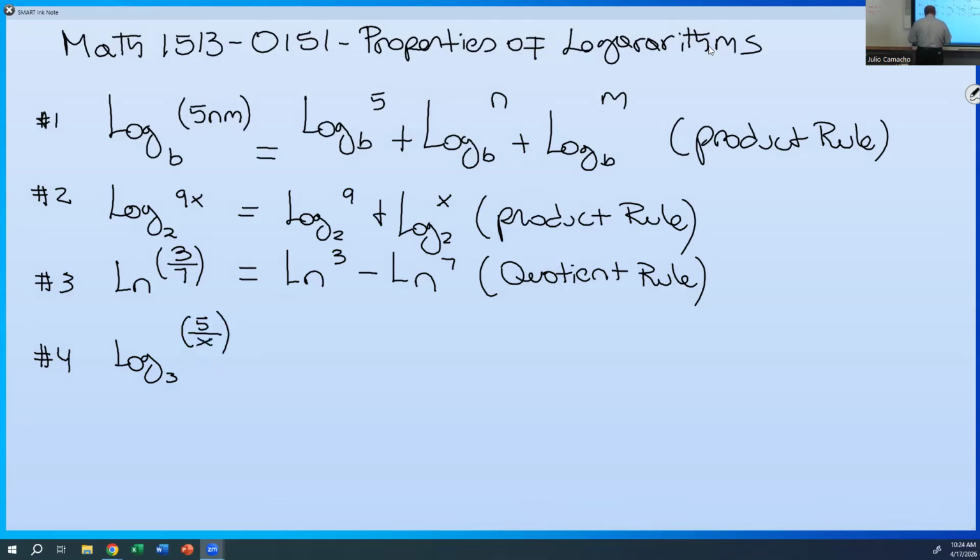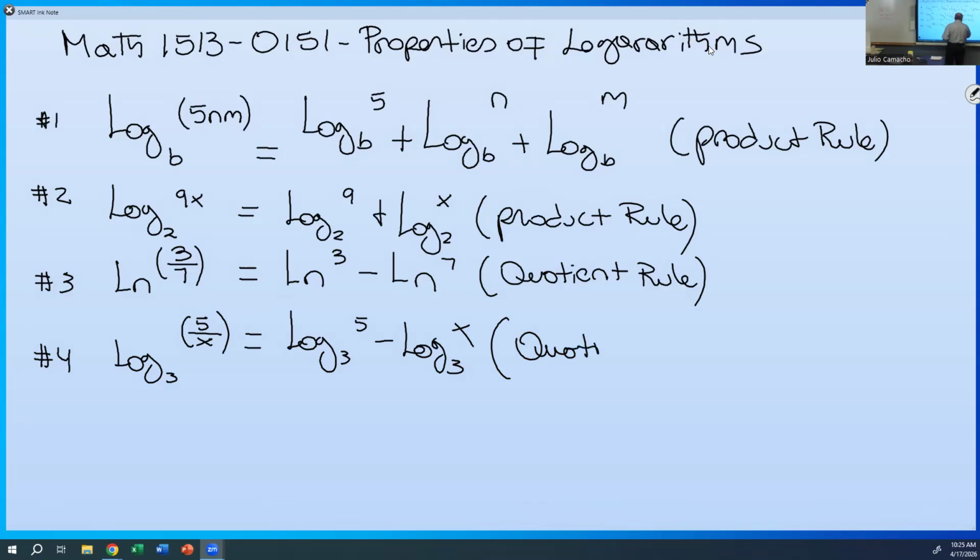How do we work this one? It'd be log base 3 to the fifth power minus log. Exactly, the log base 3 of x. Excellent. And that is also the quotient rule.